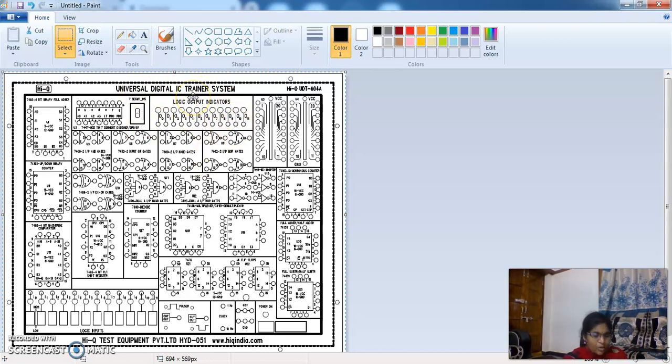Here you have 10 or 11 outputs. In that you can take one output and connect it to the output here. Clear? So if you give 1 1 here for the AND gate, you will have 1, meaning the LED will be glowing in the output indicator. Like that you have to give connections for each and every circuit.